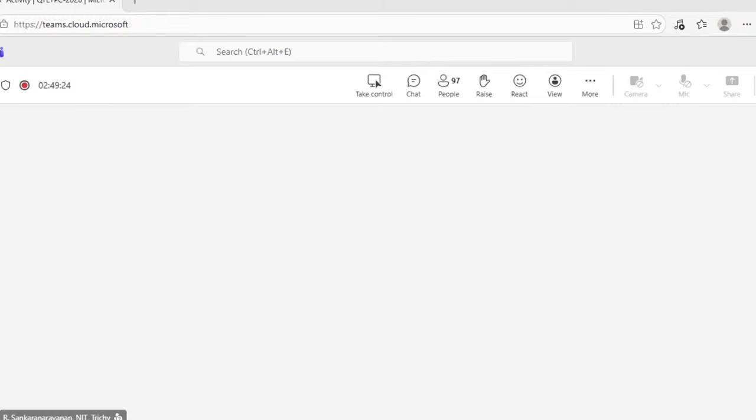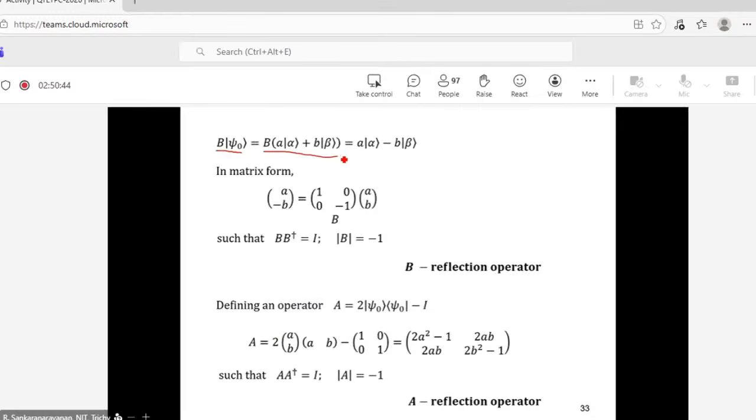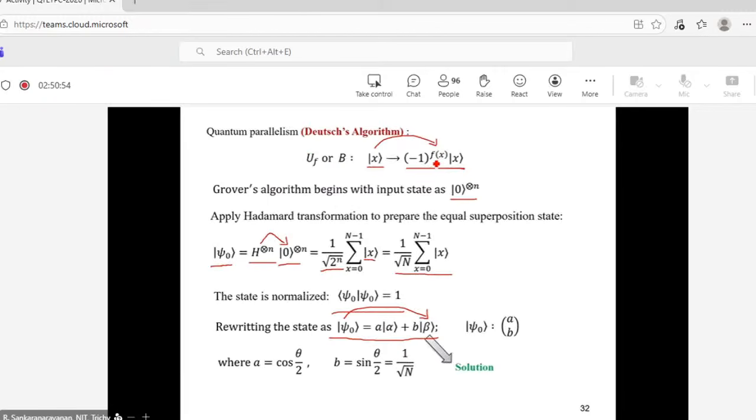Okay, so here we are defining what is called the reflection operator. As I mentioned earlier, B. So this B operates on psi 0. That gives you B operates on a alpha plus b beta. And here, since alpha is not a solution, it will be unaffected, as you see from here, right?